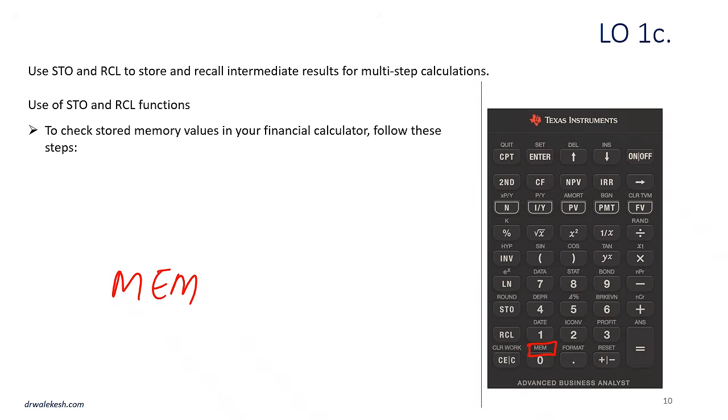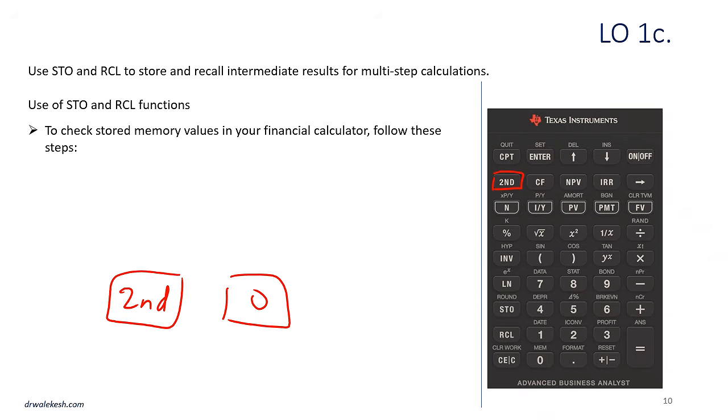MEM function is memory management function. This key is obviously a secondary function. Since it is a secondary function, then we need to press the second key, then 0. So we will press this first and this.